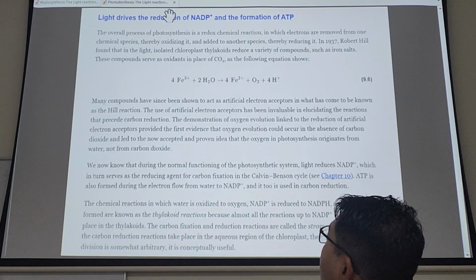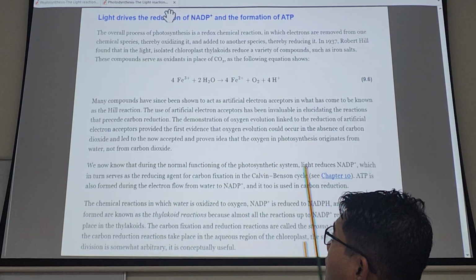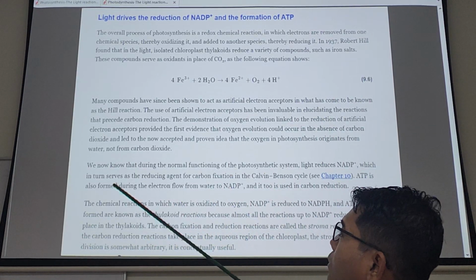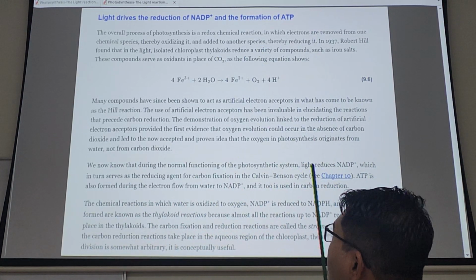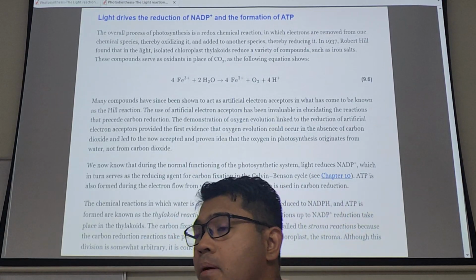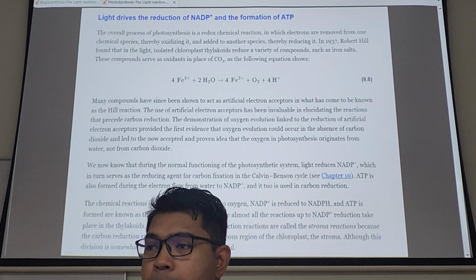Okay, so this is something that you can read about, light drives the reduction of NADP, because we're going to learn this anyway. This is just to give you the overview of the concept of reduction. I hope you still remember from your chemistry lesson, redox reaction. What's that?